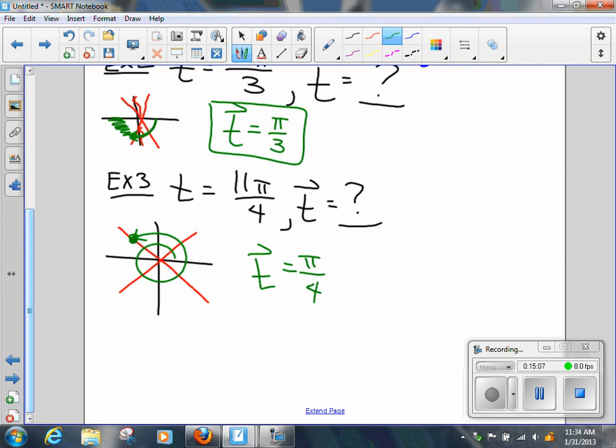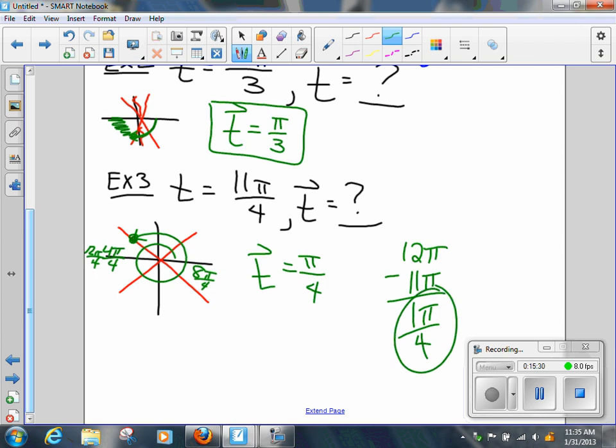And if you're not sure, then wouldn't this be 4 pi over 4, 8 pi over 4? If you go back around, what would be the next revolution here? 12 pi over 4. And could I do this? Could I go, 12 pi minus 11 pi is 1 pi over 4. Mathematically, that's the way you can do this. Okay?